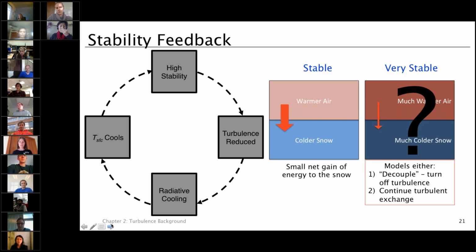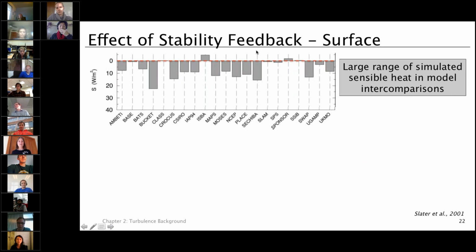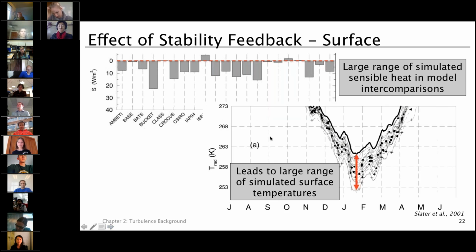Okay, so this choice turns out to be made very, very differently by lots of different models. So there was a very large range in the simulated sensible heat in all the different models in the intercomparison project.